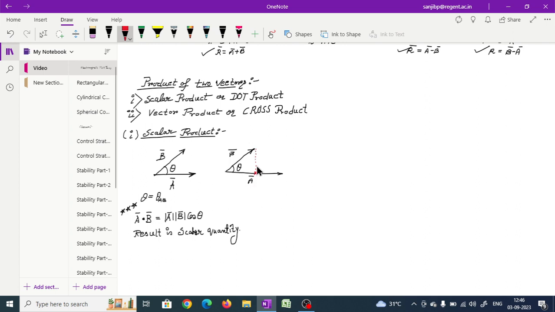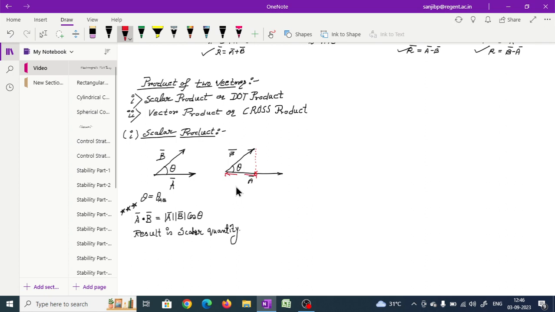Now this is the perpendicular, and this is the B vector. What we have to do is take the projection of vector B along the A vector. The projection of the B vector on the A vector is this length.